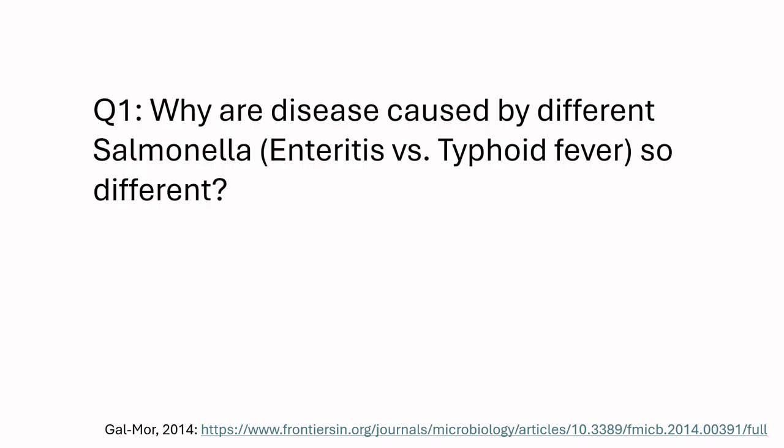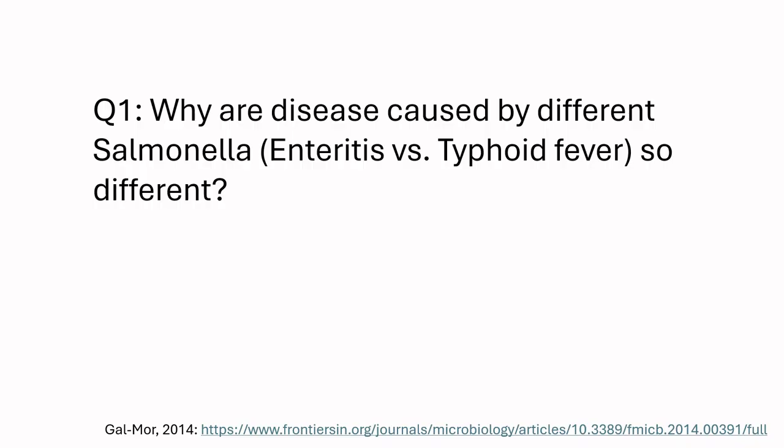Versus the typhoid Salmonella, it's often said they take a stealth approach, so they get through the intestinal mucosa relatively unnoticed, and then they spread throughout the system. The disease is a systemic disease. What are virulence factors that may be causing this difference?